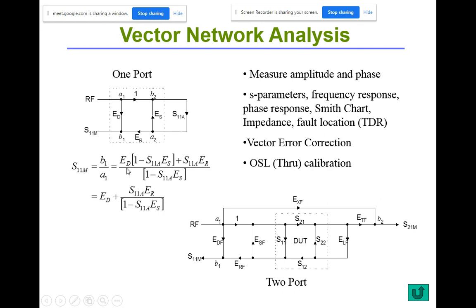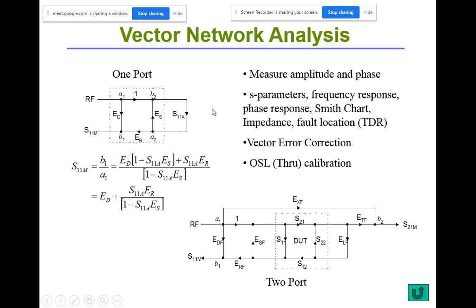You divide by the denominator, which is 1 minus the loop gain, and there is only one loop, which is ES times S11A. All right, so you get the relationship between S11M and S11A.